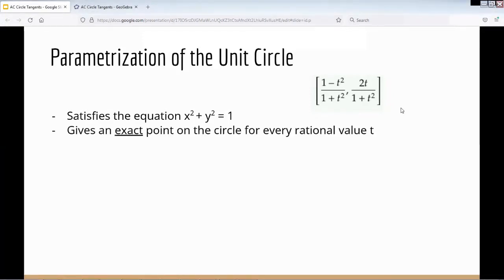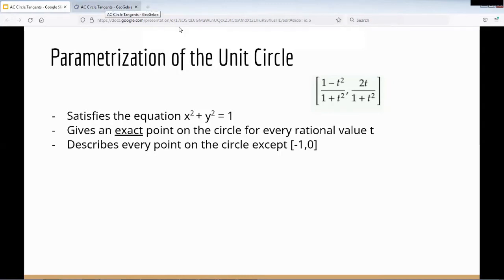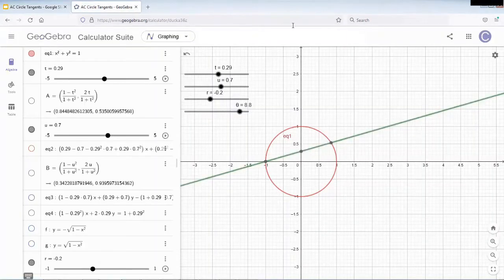It gives you an exact point, which is unique compared to other parameterizations. We'll talk about that later. It can describe every point on the circle except for (-1, 0). So (-1, 0), which is right here, serves as a kind of null point.